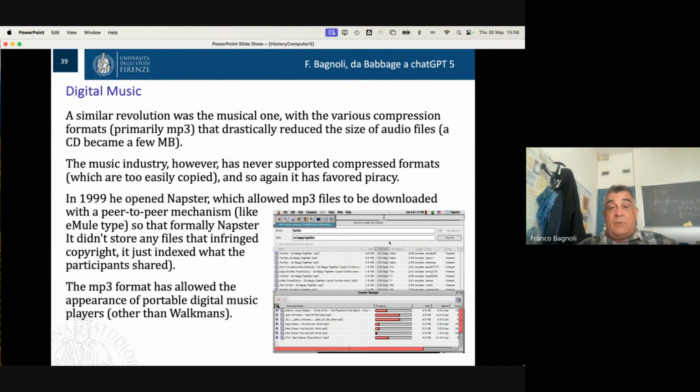And this became possible because of the improvement of the speed of the network, the improvement of the storage capacity of computers, and also because new file formats were developed. Clearly, developing new compressed file formats also means that computers are more powerful, because you need a lot of power to compress and decompress the files. So everything is connected.